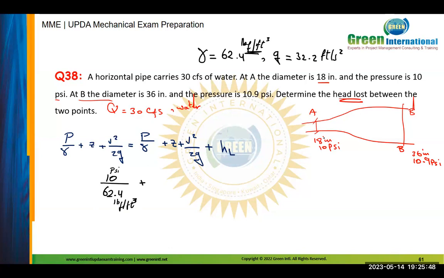Z here: he mentioned a horizontal pipe. Horizontal means the same datum. So if we take this as the datum to measure Z, then ZA is the same datum, which is 0, and ZB is the same datum, which is 0.